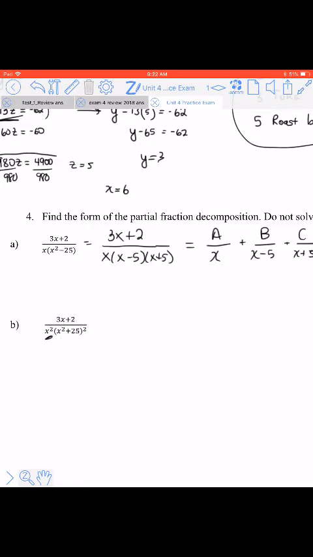Here we also have a repeated linear factor. Since we have 2 of these, I know I'm going to need an A and a B. That comes because I've got 2 of those x squareds. And I've got 2 of these factors, the x squared plus 25, so I know I'm going to need 2 more pieces.